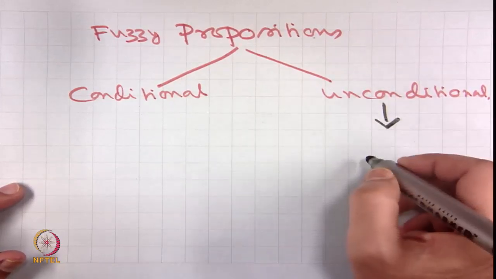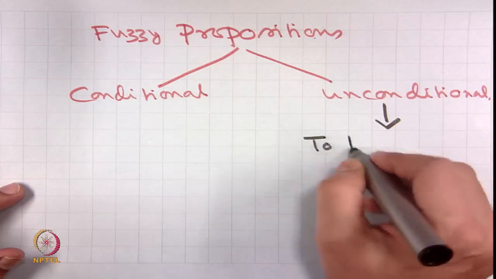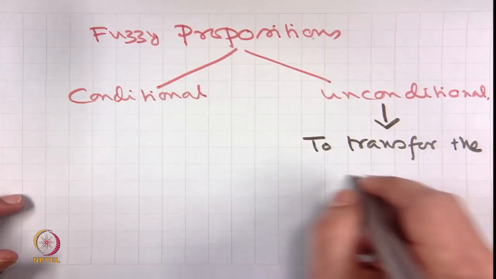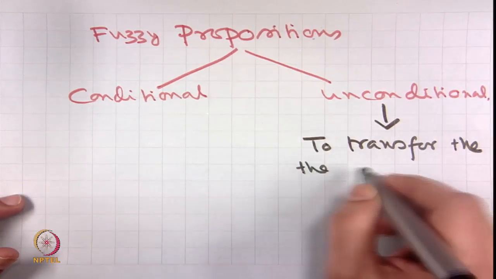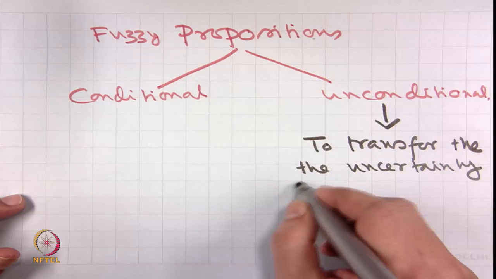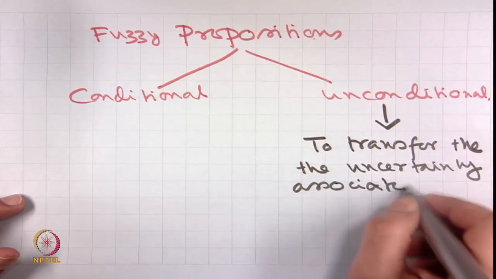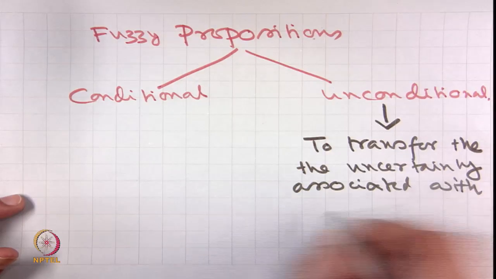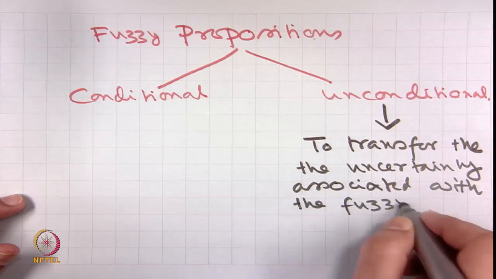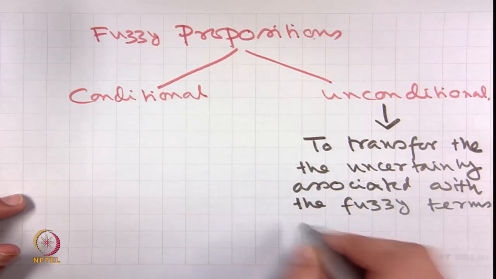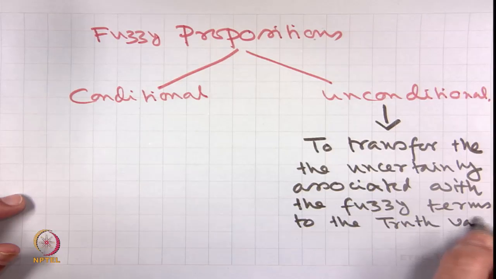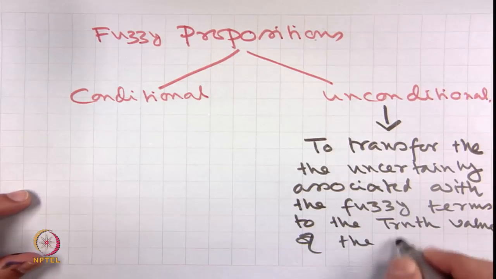Unconditional fuzzy propositions allowed us to transfer the uncertainty associated with the fuzzy terms to the truth value of the fuzzy proposition.